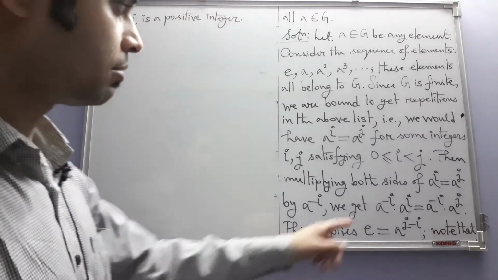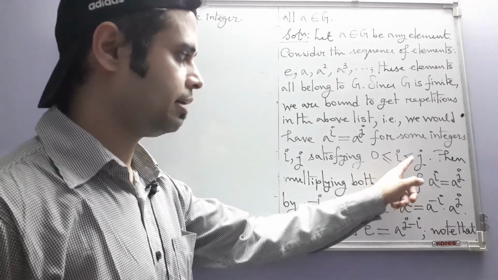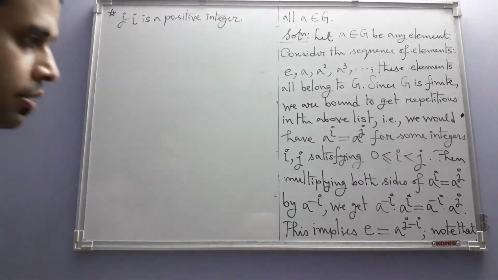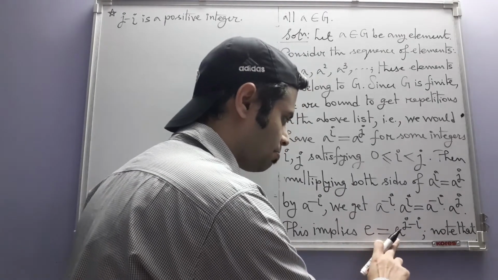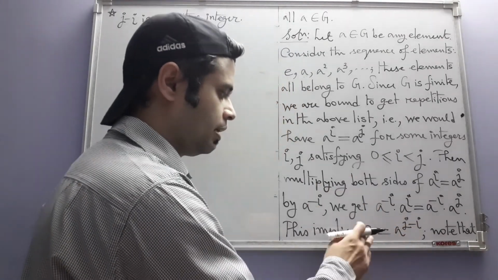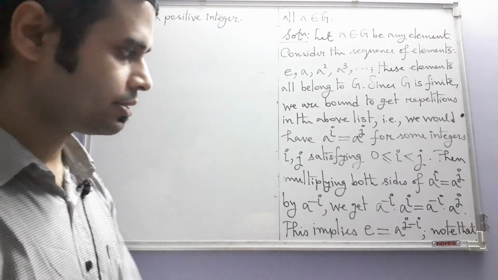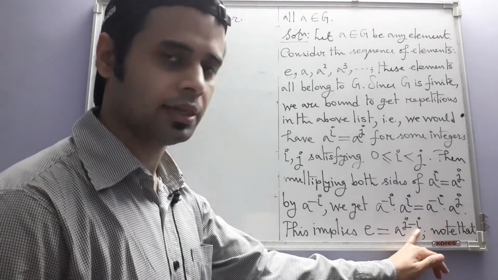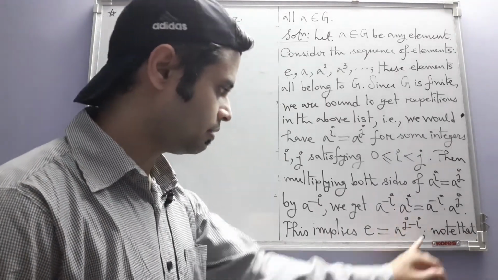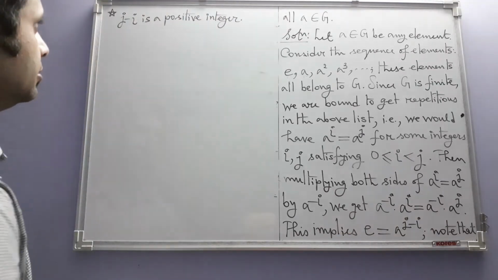Where do we get that from? From this inequality, j minus i is a positive integer. So you see that a positive integral power of a equals identity. That is, there exists a positive integer j minus i for which this power equals identity.